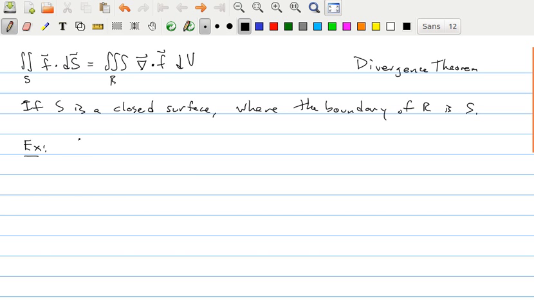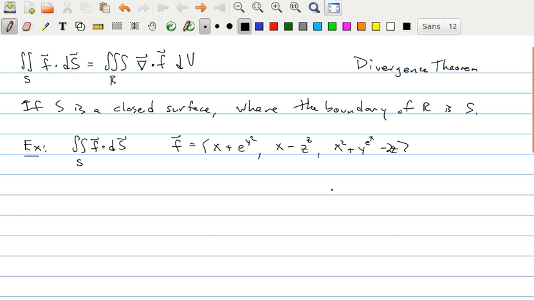Say we're looking at the flux given by the field F, where F is (x plus e to the y squared, x minus z to the z, and then x squared plus y to the e to the x minus 2z).